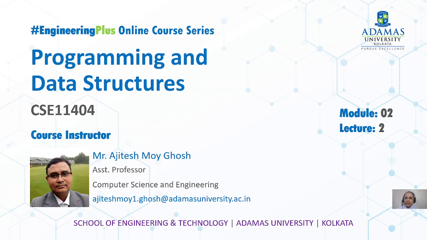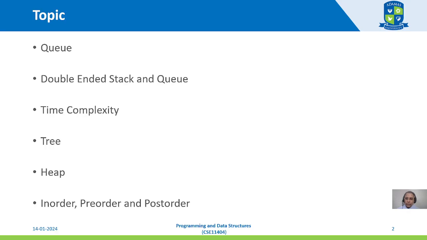Today we are going to talk about some other data structure of C++ and it is lecture 2 of module 2. Today's topic we will cover queue, double-ended stack and queue, then time complexity, which is very important to know how much time a particular program, the stack program or queue program or any other, is taking.